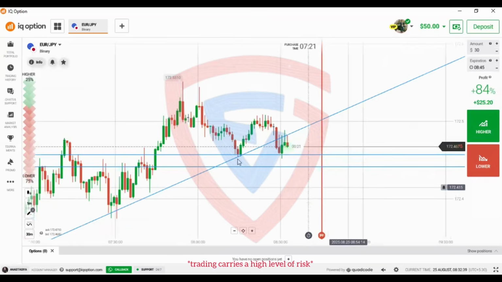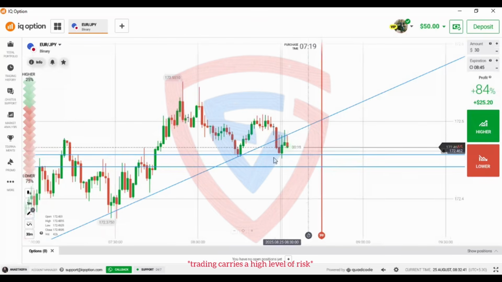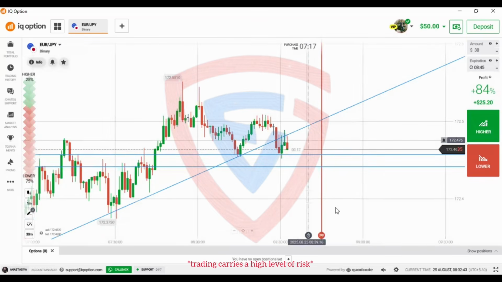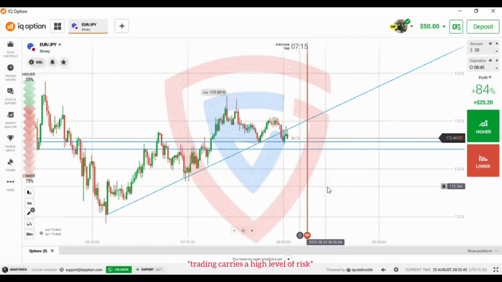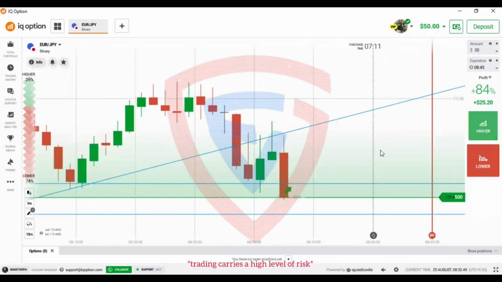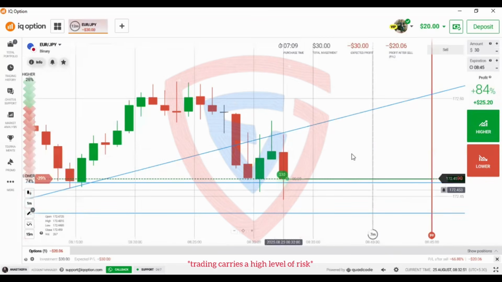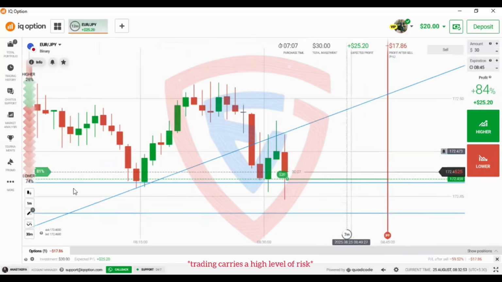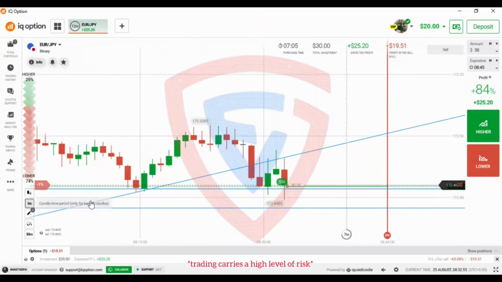And I am seeing a reversal sign, which means I can go with buyers only because it is a level. So I entered here with buyers for 50 minutes.